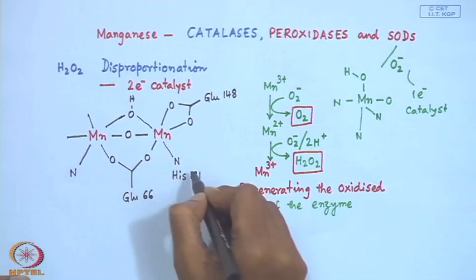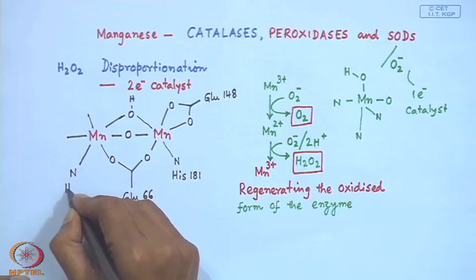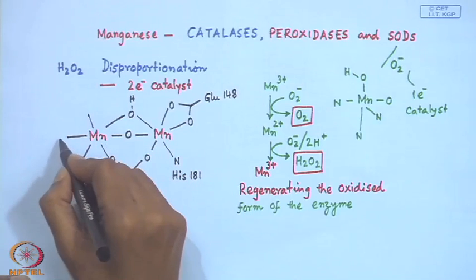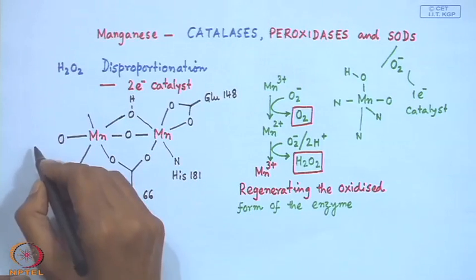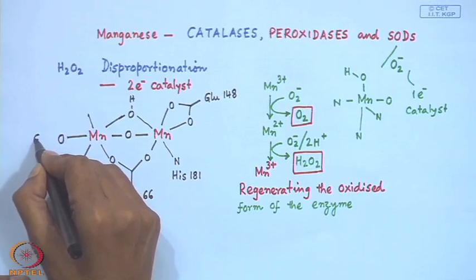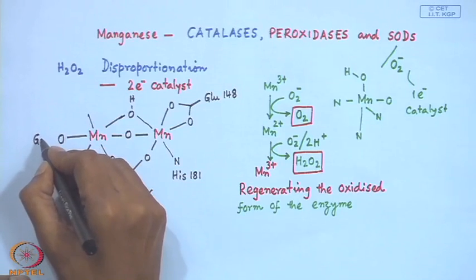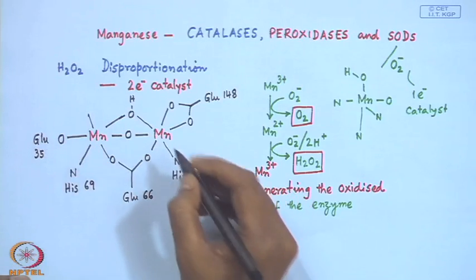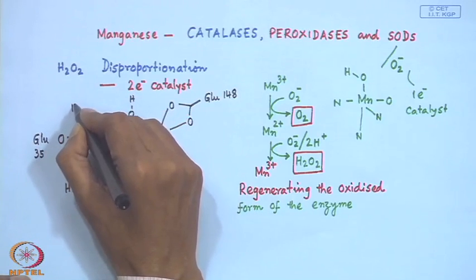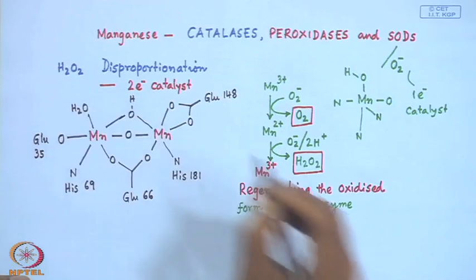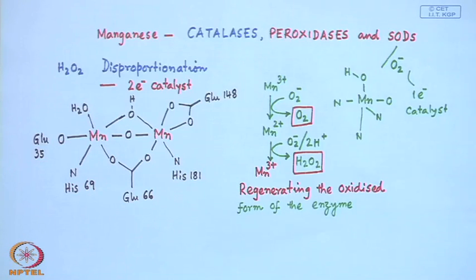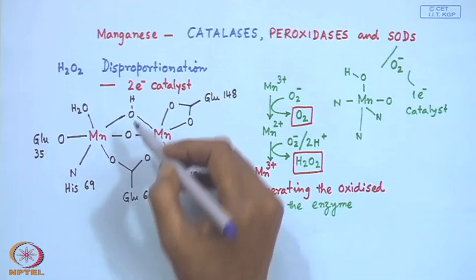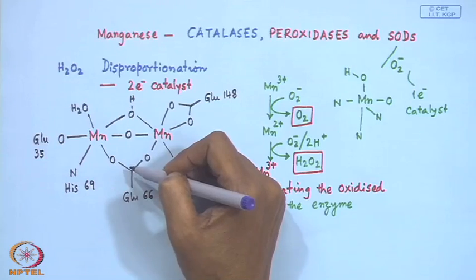This nitrogen is histidine 69, this oxygen from the carboxy end is functioning as a monodentate one, which is glutamate 35, and this is water. This is a more or less symmetrical arrangement. Only thing is that you have 2 nitrogen, this acid carboxylate bridging, then oxo hydroxo carboxylate bridging.